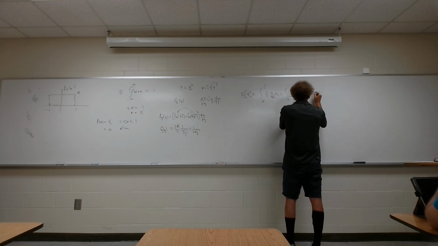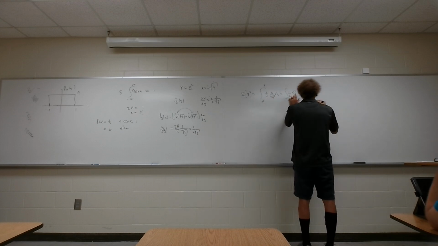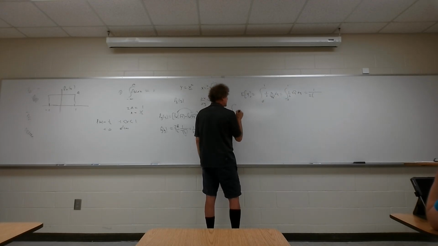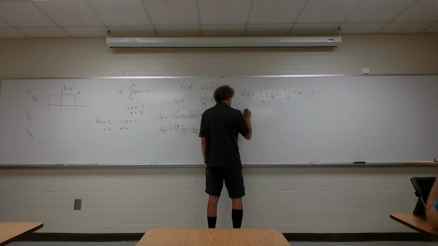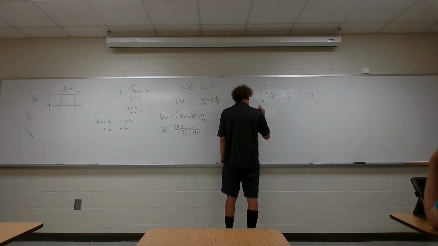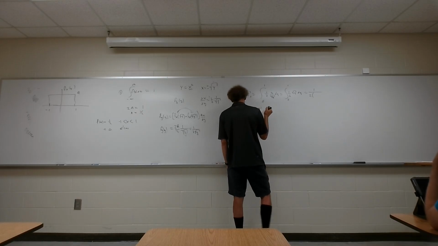1 over 2, and the integral of this, I'll put this up here. You get the integral of any function, in this case, I'll put x to the a dx in general. It's 1 over 1 plus a, and it's going to be x to the 1 plus a.